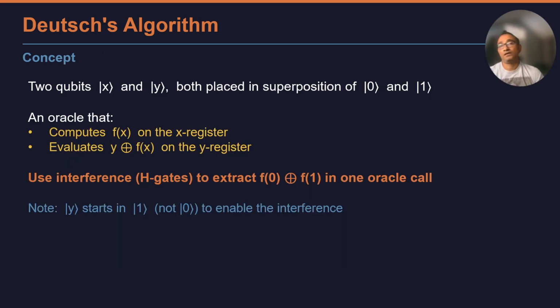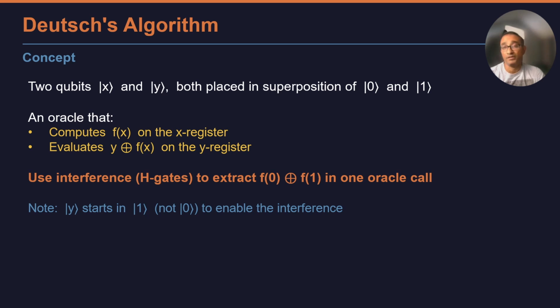Now, how should we conceptualize this algorithm? Let's assume that we have two qubits, x and y, and both are being placed in the superposition of 0 and 1.